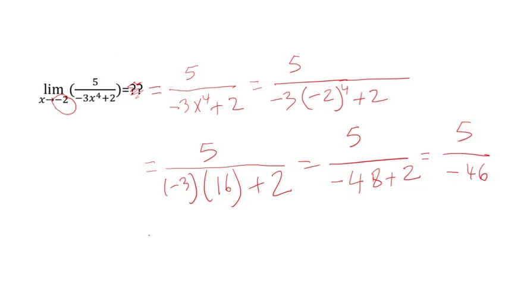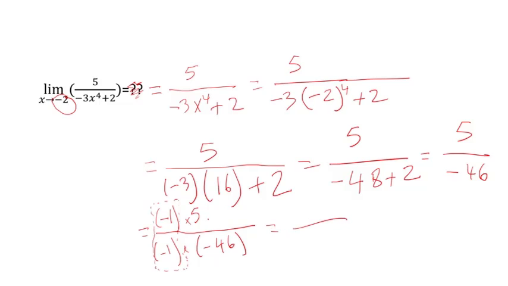And again, since in math we don't like to see negative signs in the denominator, I'm just going to multiply both top and bottom by negative 1 so I can get rid of it. So negative 1 times 5 divided by negative 1 times negative 46. Basically this is what I did: I multiplied up and down by negative 1.